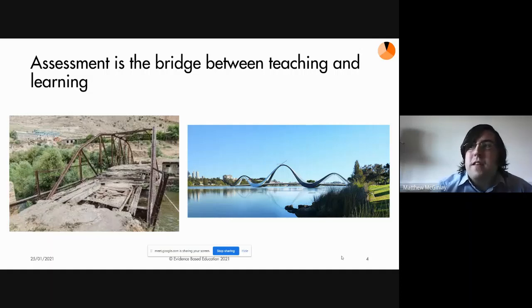But one of the things that the coronavirus pandemic has really helped us to do in some ways is, when we're in that online or blended environment, there's an awful lot of quite poor proxies for learning in the classroom. So, for example, we lose a lot of those visual cues when students aren't in the classroom. Students looking like they're working hard or with their heads down are often very poor proxies for learning.